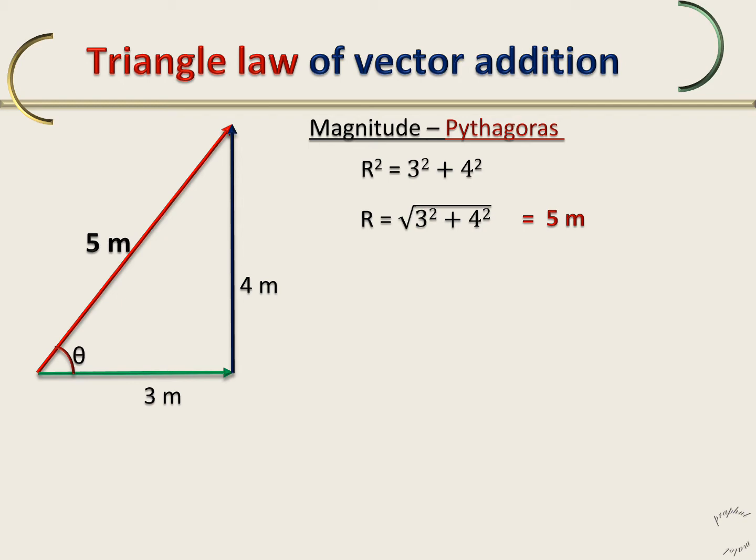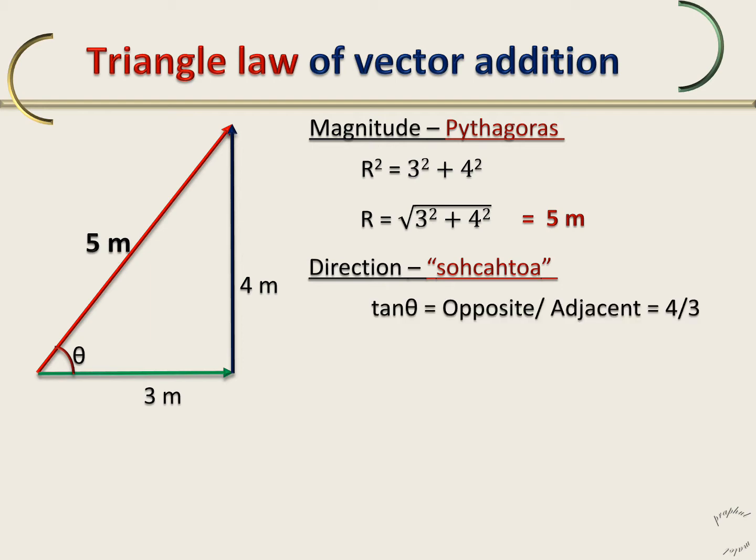Now, how do we find the direction? Again, I am using another rule from trigonometry, which is usually called SOH CAH TOA. That means sine is opposite over hypotenuse, cos is adjacent over hypotenuse, tan is opposite over adjacent. Let's apply it here. I am taking tan theta, which is opposite over adjacent.